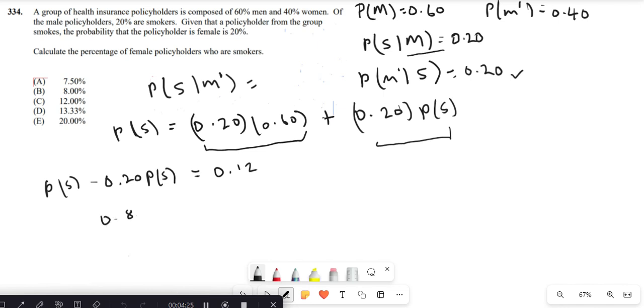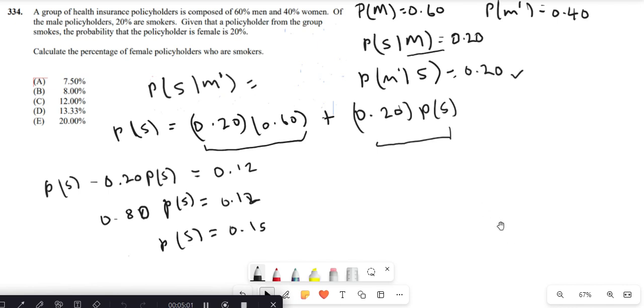So over here I have 0.80 times the probability of S is equal to 0.12. Solving for S, I'm going to end up with 0.15. Alright, so that's the probability of S.